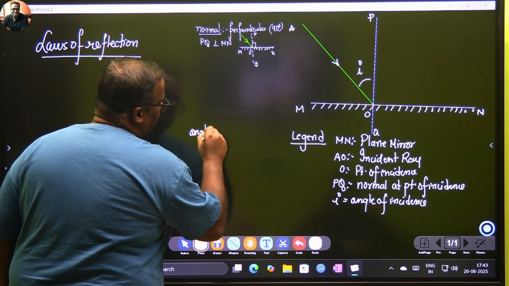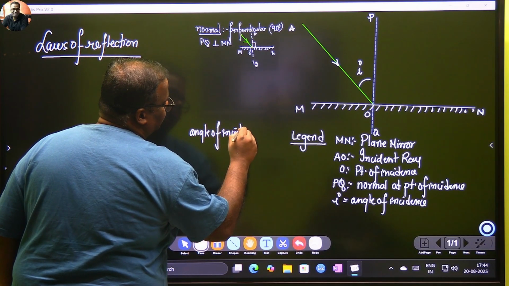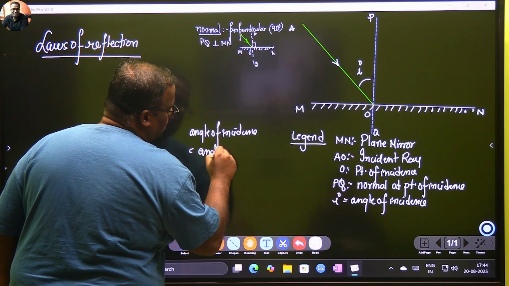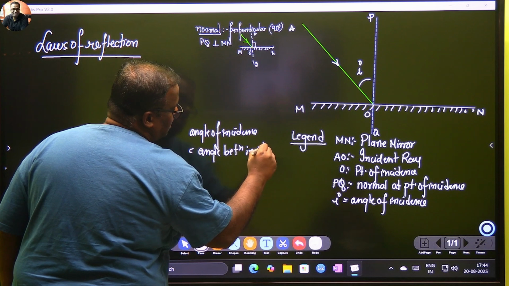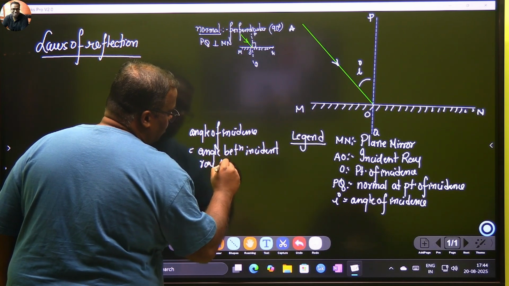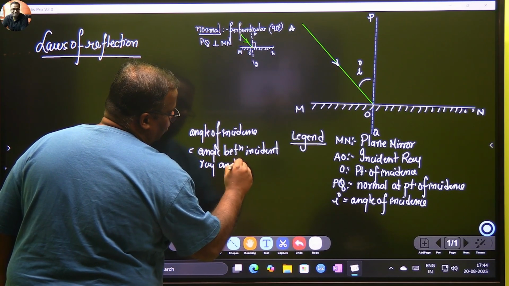The angle of incidence is equal to the angle between the incident ray and the normal. This is very important from your exam point of view. Incident ray and normal.